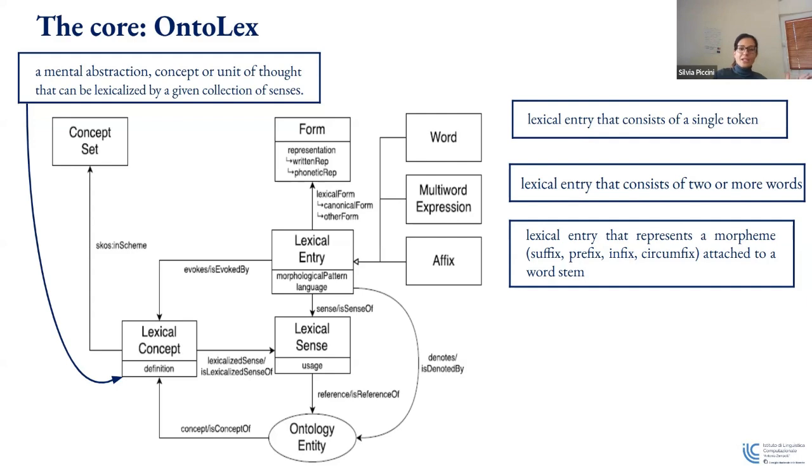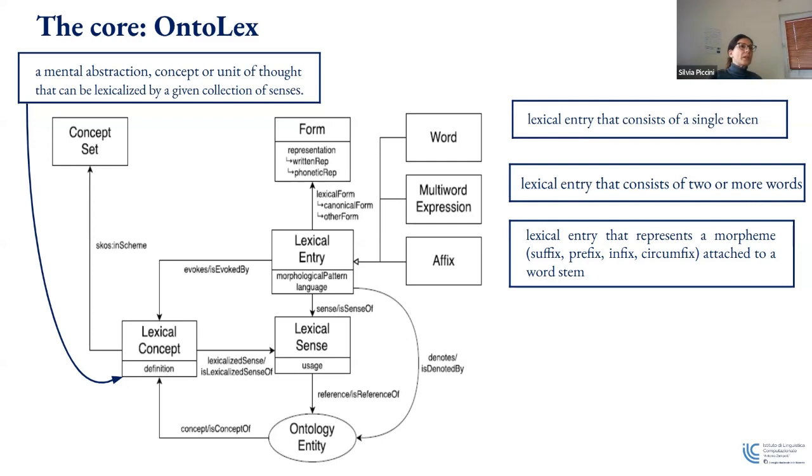We can have a multi-word expression. We've seen today, for example, acute angled triangle. So it's a multi-word expression. It's a lexical entry that consists of two or more words. And then we have the affix, of course. So a lexical entry that represents a morpheme, and it can be a suffix, a prefix, an infix, or a circumfix attached to the word stem.